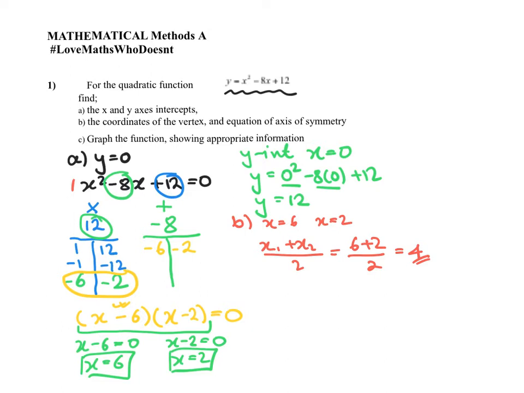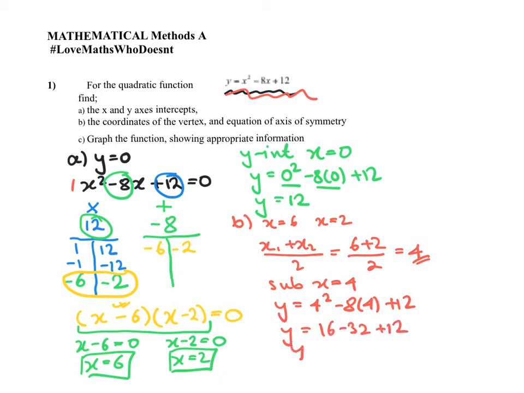To find the y-coordinate, substitute x equals 4 into the original equation again. It gives us y equals 4^2 - 8 times 4 + 12. If you want to go through the steps, you're more than welcome, but you can calculate straight away and say y is equal to negative 4.